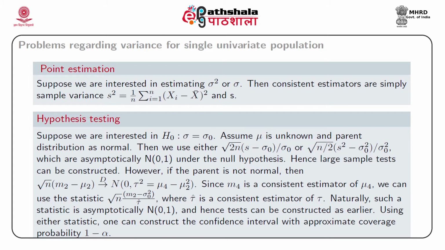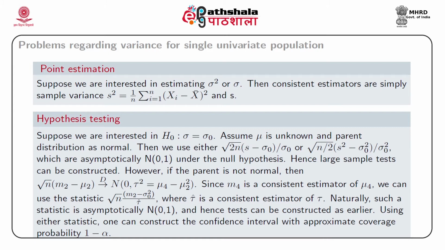Since M2 is a consistent estimator of mu2, we can use the statistic square root of n multiplied by m2 minus sigma naught square, that is the value specified under the null hypothesis, divided by tau hat, where tau hat is a consistent estimator of tau. Naturally, such a statistic by Slutsky's theorem is again asymptotically standard normal, and hence tests can be constructed as earlier.